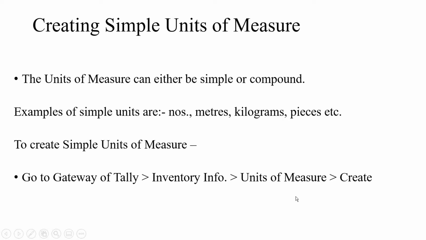Then here comes the create option. In case of units of measure, we don't have two different modes, single and multiple. We will be having just one menu, that will be units. Under units, the first option is create.